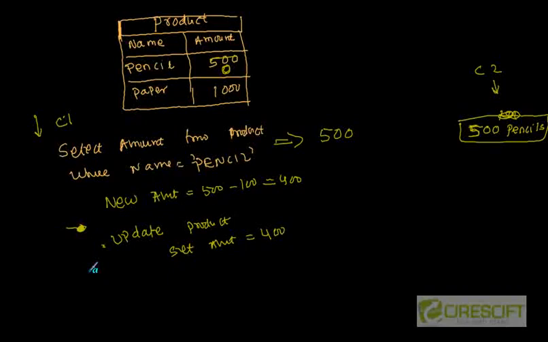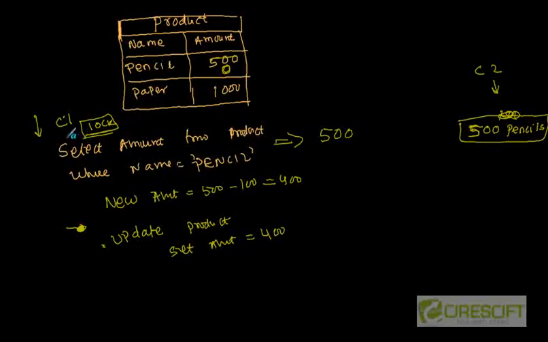To solve the problem, you have two ways. Whenever you start the transaction, you lock it, assuming that a conflict is going to occur. I don't worry about it, I just want to lock it.